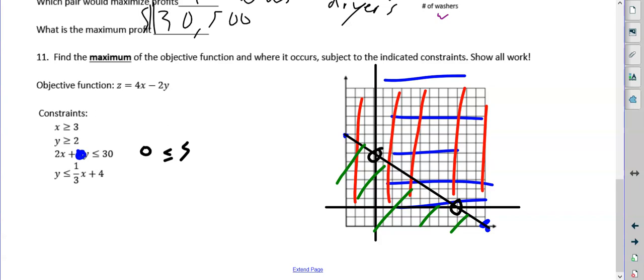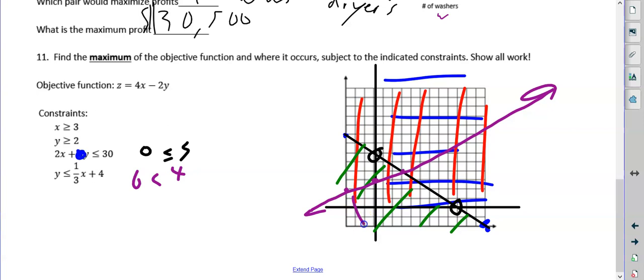And then last, 1/3 x plus 4. So 1, 2, 3, 4. Point right there. And up 1, right 3. 1, 2, 3. Another intersection. 1, 1, 2, 1, 2, 3. Another intersection. So I'm just going to freehand this one right here because I already know my points. I'm going to test 0, 0. 0 less than or equal to 4.